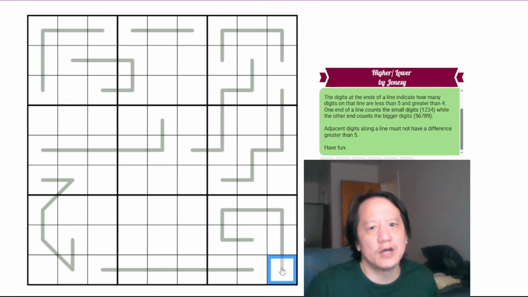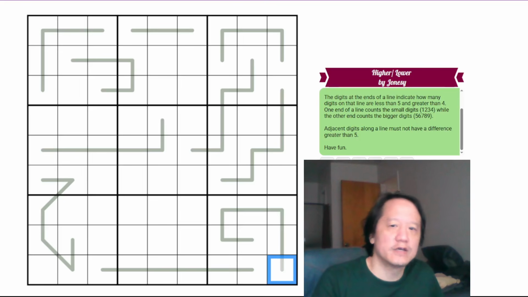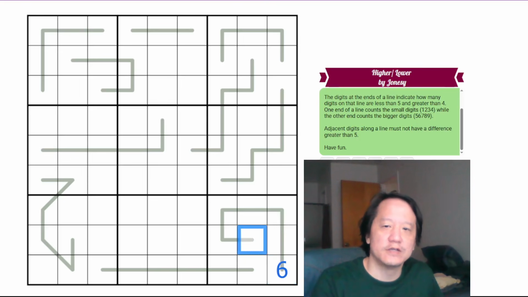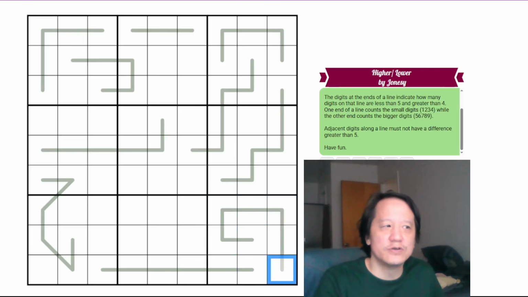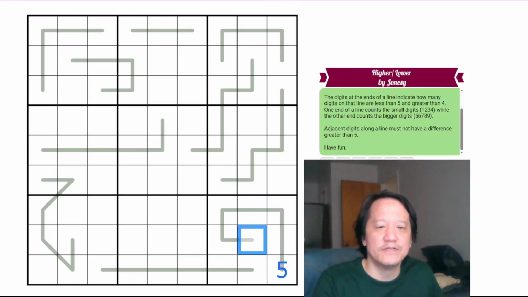So you could have something like 6 and... No, that's not possible. You can't have 6 big digits in the same box. So you could have 5 and 2. That could be possible.